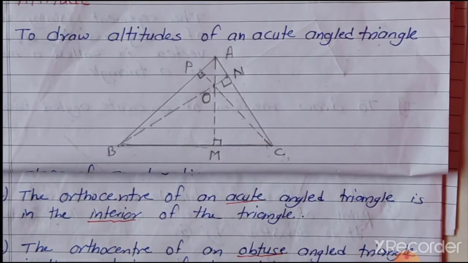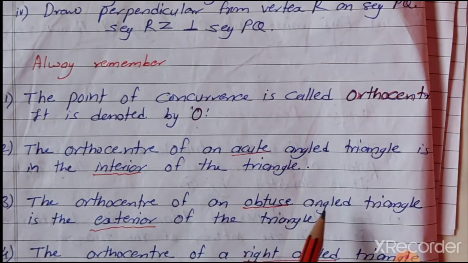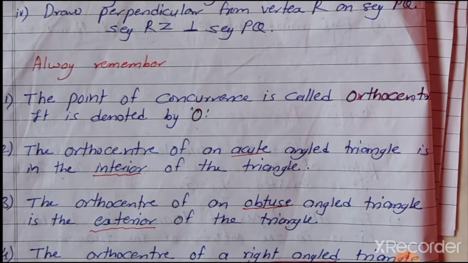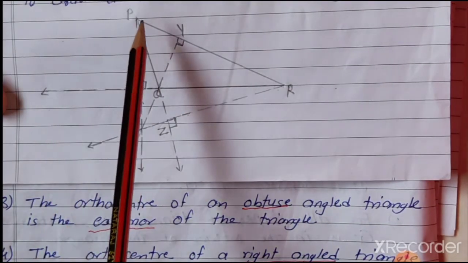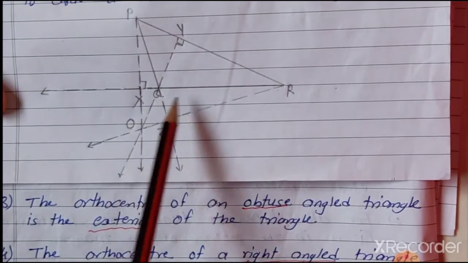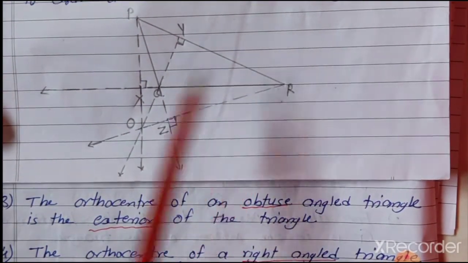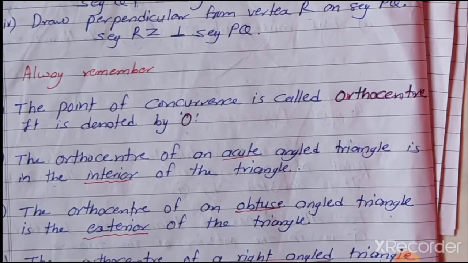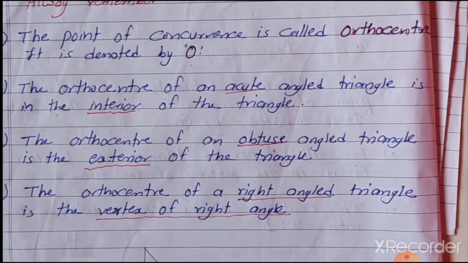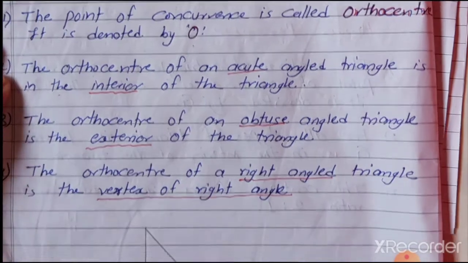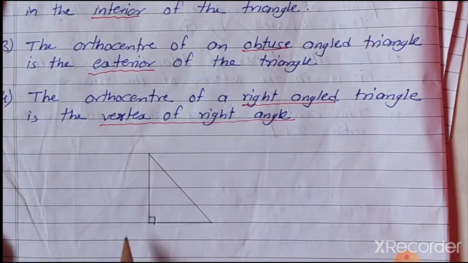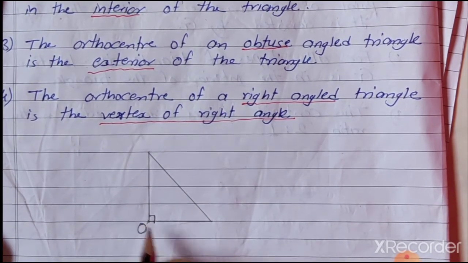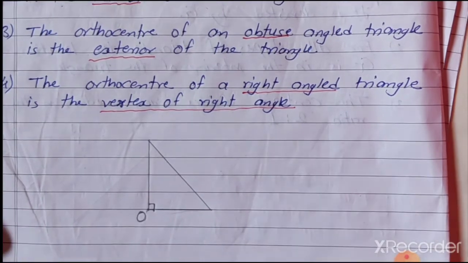The orthocenter of an obtuse angle triangle is in the exterior of the triangle. In this diagram you can see that this triangle PQR is obtuse angled and this orthocenter is outside the triangle. The orthocenter of a right angle triangle is the vertex of the right angle. In this right angle triangle, the right angle vertex is this one. So this vertex is the orthocenter, denoted by O, of this right angle triangle.